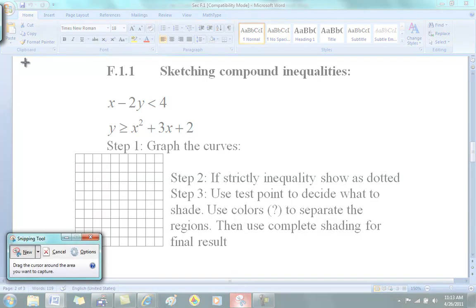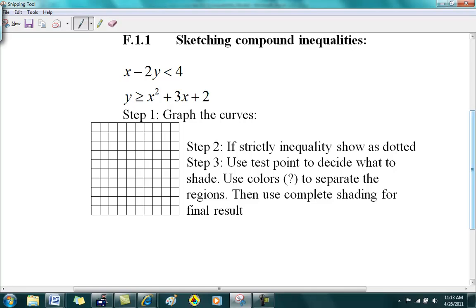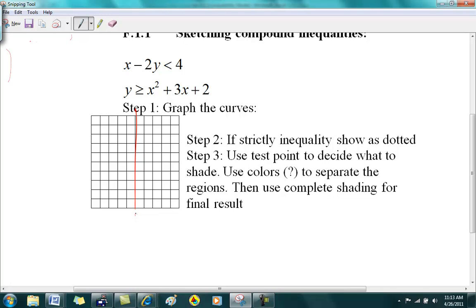So we know that's going to be a straight line. Let me snip this, and get my axes again. Let's see if I can do the straight lines better this time. Here's x, here's y, and my scale.